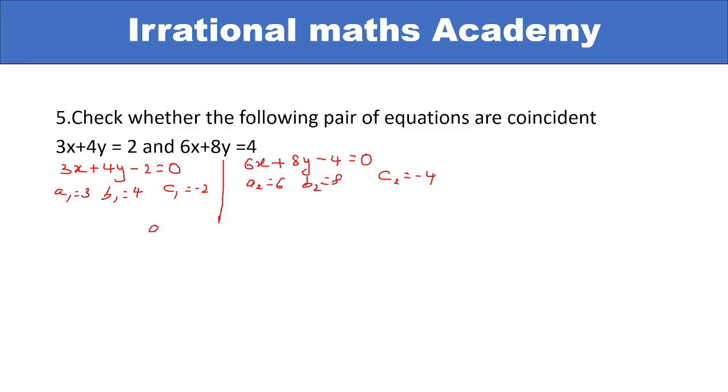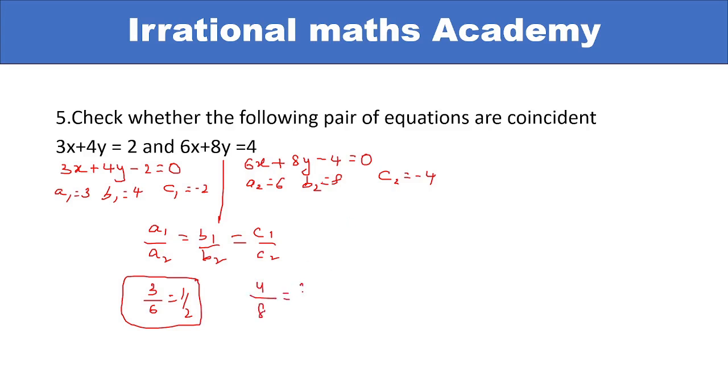A1 by A2 should be equal to B1 by B2 equal to C1 by C2. Let's check. A1 by A2: 3 by 6, what I'll get here? 1 by 2. Next, B1 by B2, 4 by 8, here also I am getting 1 by 2.